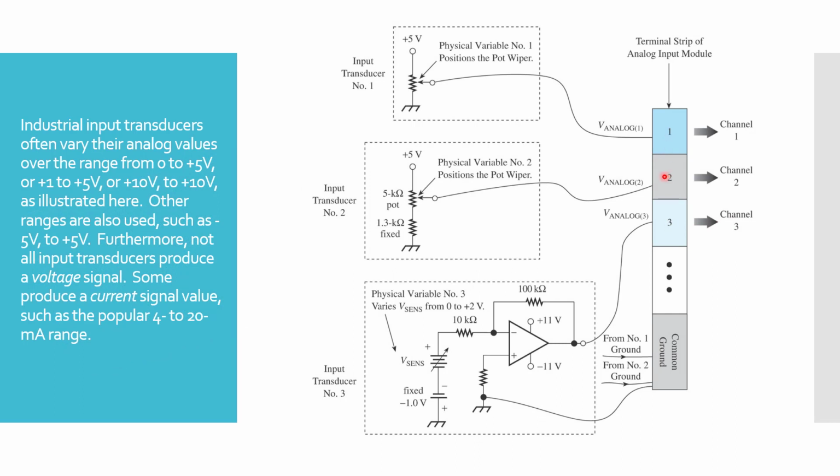Now, I will add this, because this is an analog signal. This also converts that analog signal into digital information that the computer can process. And analog to digital conversion is another thing that we'll talk about in a future module.